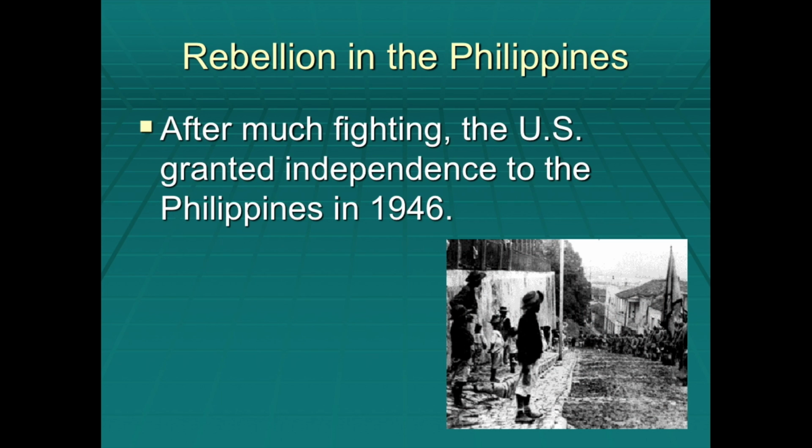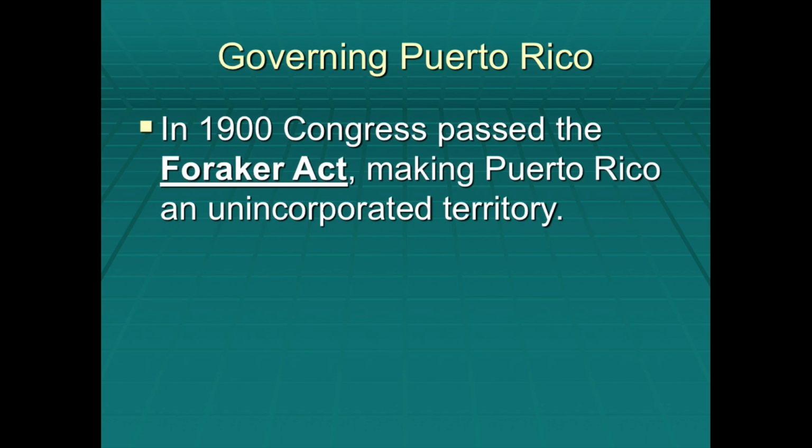Rebellion in the Philippines. After much fighting, the U.S. granted independence to the Philippines in 1946. Notice this is after World War II, and after much fighting, there's a lot of history in that. Governing in Puerto Rico. In 1900, Congress passed the Foraker Act, making Puerto Rico an unincorporated territory.